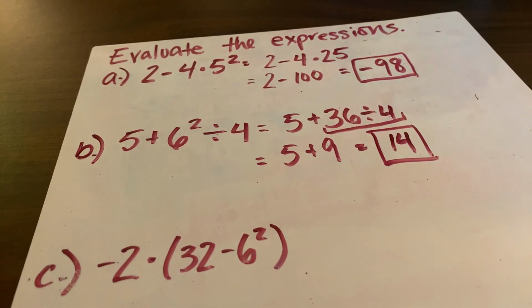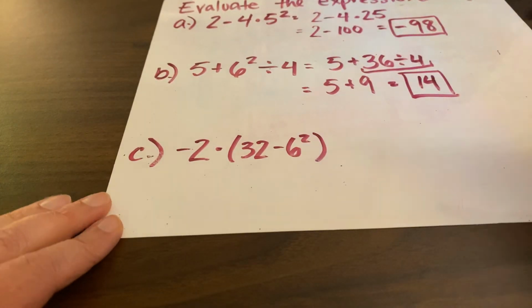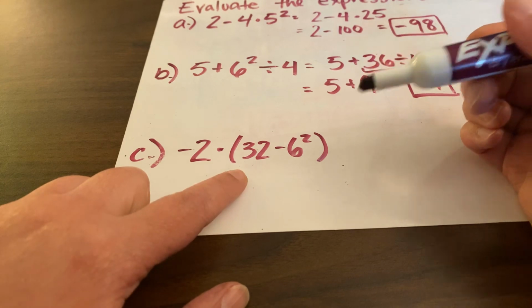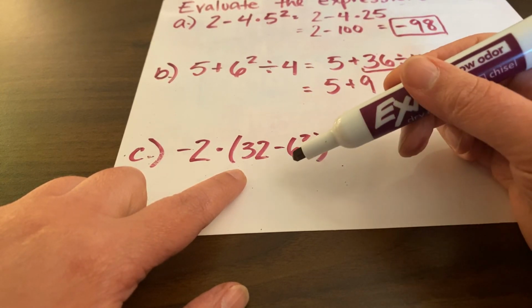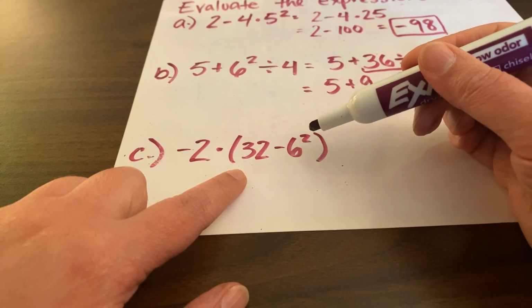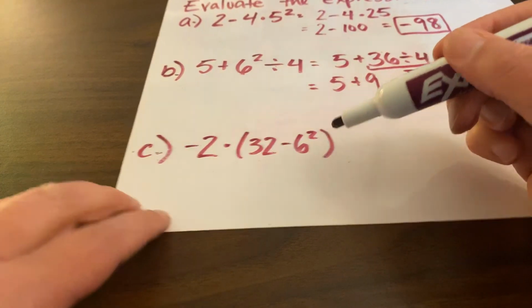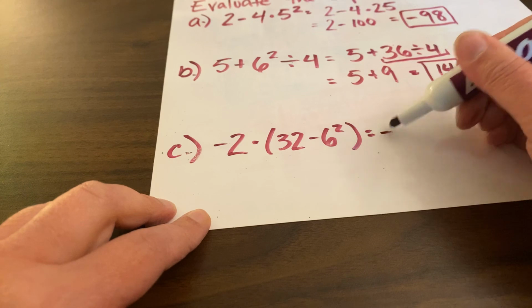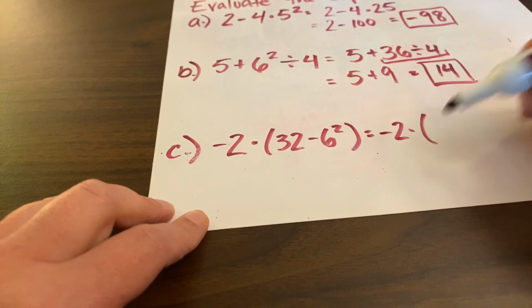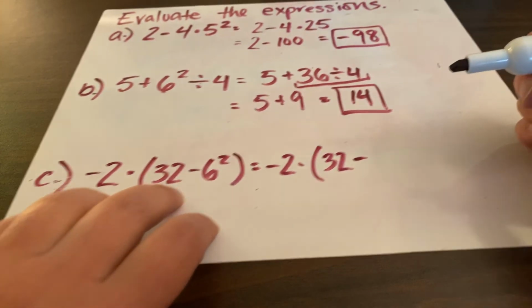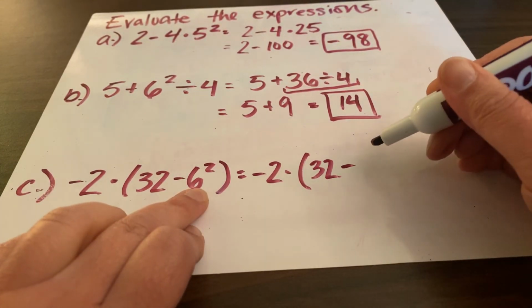Good. Okay, last problem for today. Parentheses. Oh, we have parentheses. But within the parentheses, we do have an exponent. So we actually need to deal with this guy first before we can deal with the parentheses. So this will be negative 2 times (32 minus, what is 6 squared?